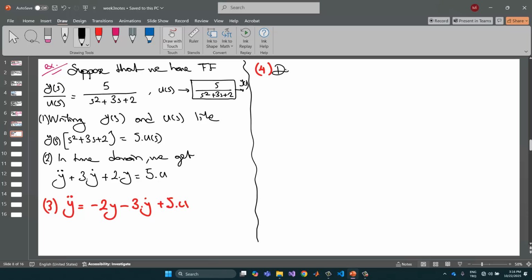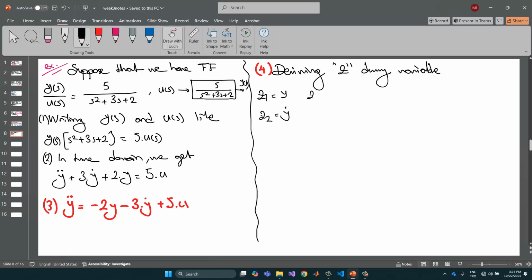We just need to use the dummy variable, right? And so z1 is equal to what? Yes, z2.